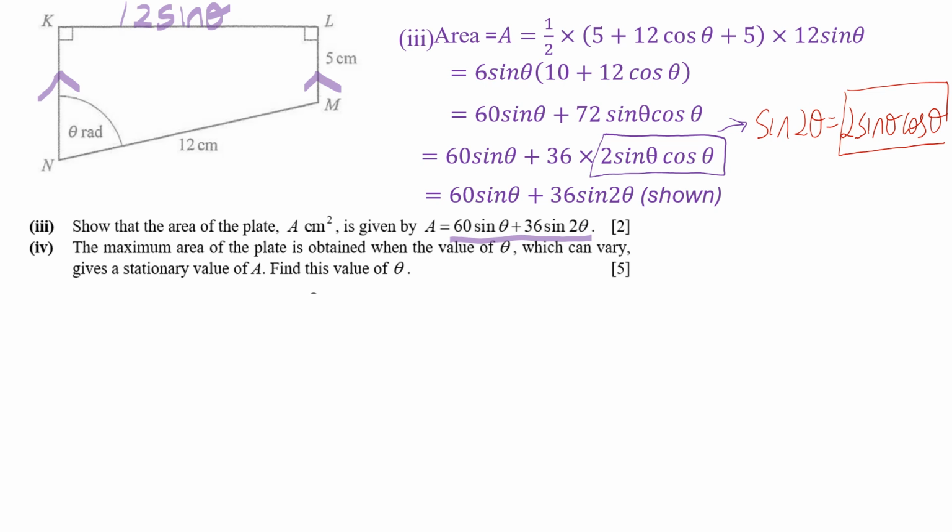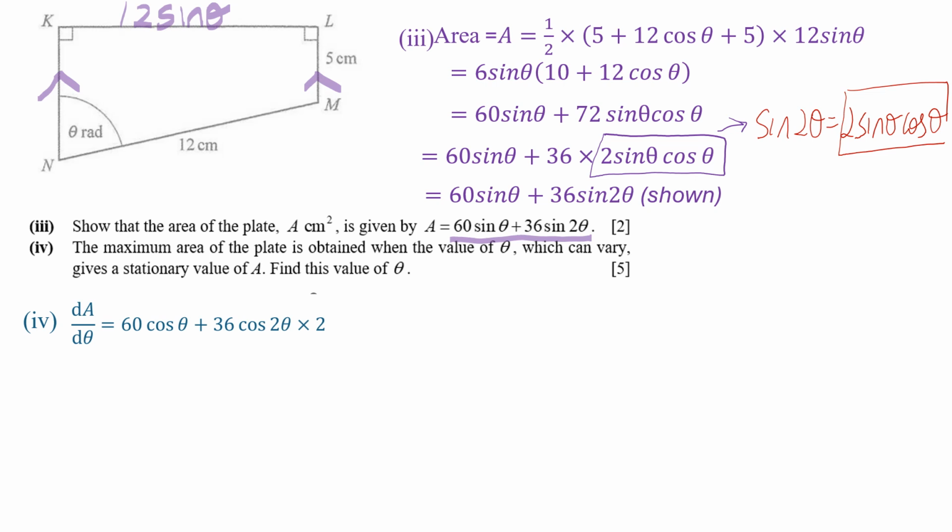Alright, so we're given that the maximum area, the plate will give us a stationary value, and this stationary value is a maximum. When you are told that y has a maximum or minimum value, it means dy/dx equals 0. So if this plate has a maximum or minimum area, dA over d theta is equal to 0. So I need to find dA over d theta.